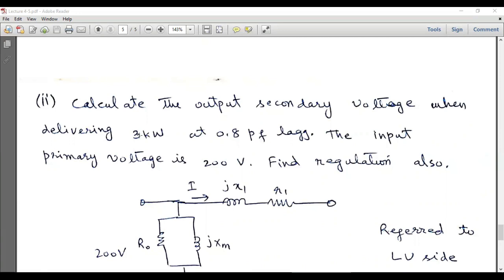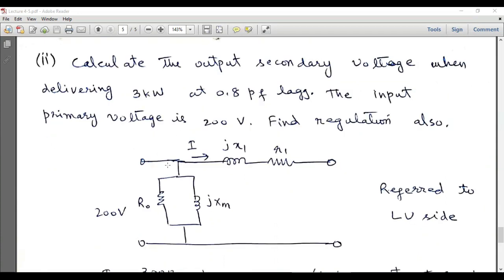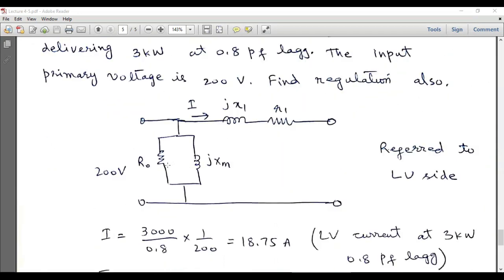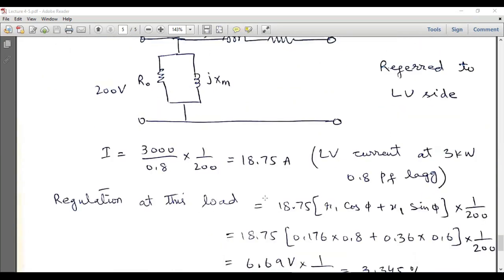So S will be equal to P divided by cos phi, and cos phi is our power factor which is 0.8. So we first convert this active power to the apparent power, active power divided by the power factor, which equals the apparent power VI. Then we divide this apparent power by the voltage to get the current. This is the current referred to the low voltage side.